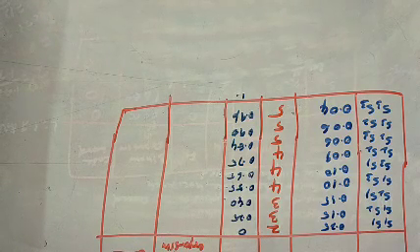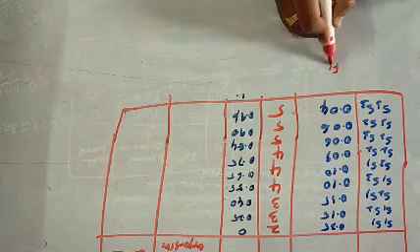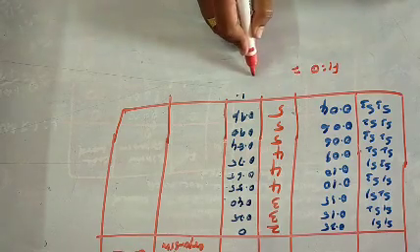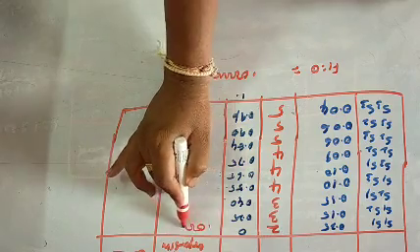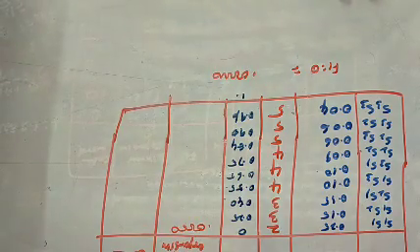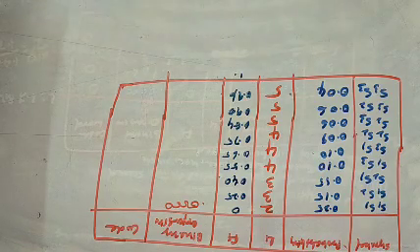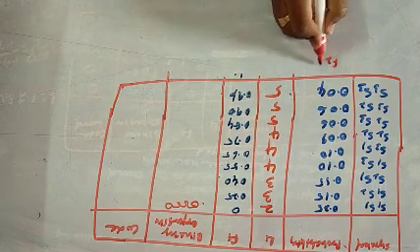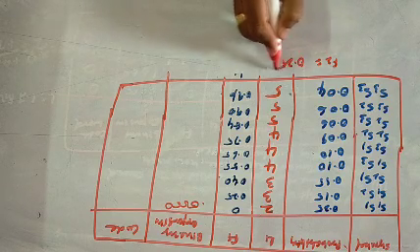Next, the binary expansion. For F1 equal to 0, the binary expansion can be written as 0.0000, like this. Binary expansion for 0 is 0000. Now F2. What is F2? It is 0.25.